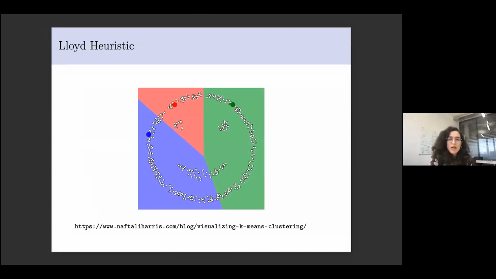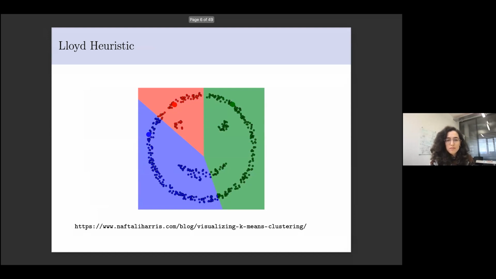Let me give you an example on this toy smiley face data. Let's say that you want to partition it into 3 clusters, and let's say that you're starting with the blue point, the red point, and the green point. So now if you assign each data point to the closest center, this blue, red, and green partition is the initial partitioning that you get on your data.